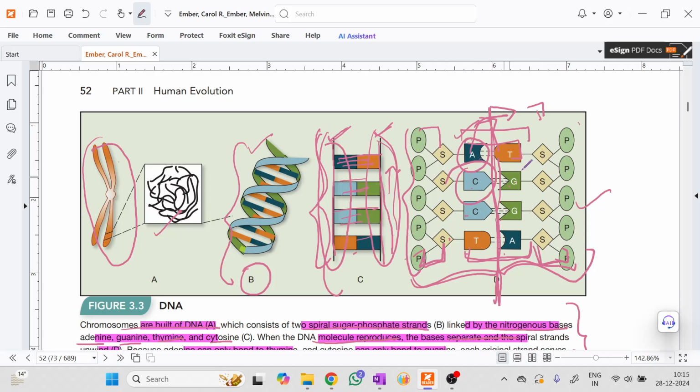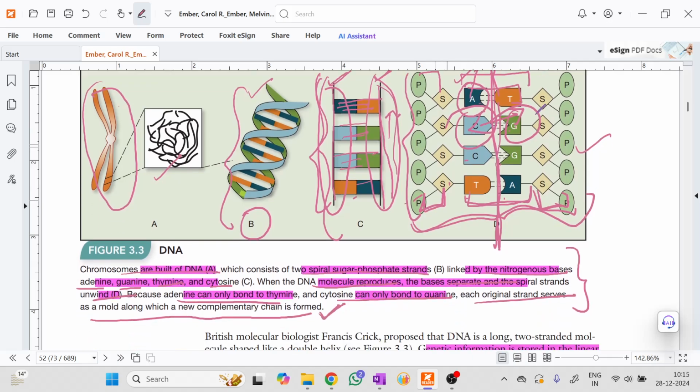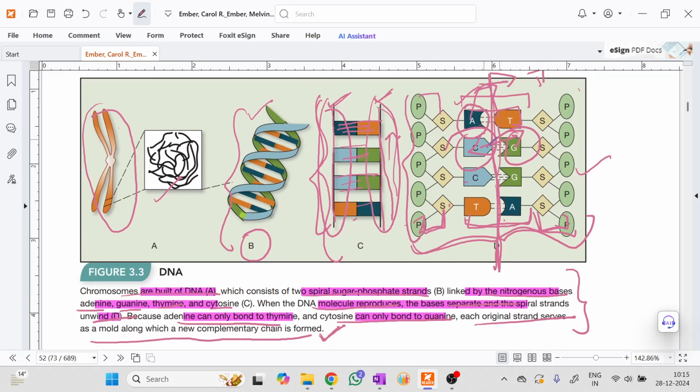In the same way, C will only bind with G. So these complementary pairs will come to help when these severed or unbonded strands are formed again. These complementary pairs will attach again and the whole chain will be formed.